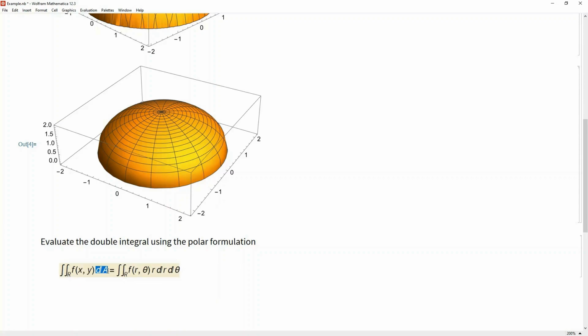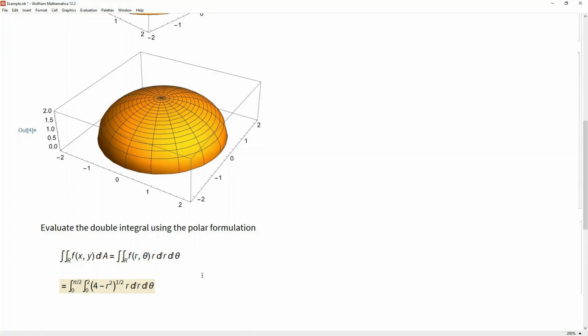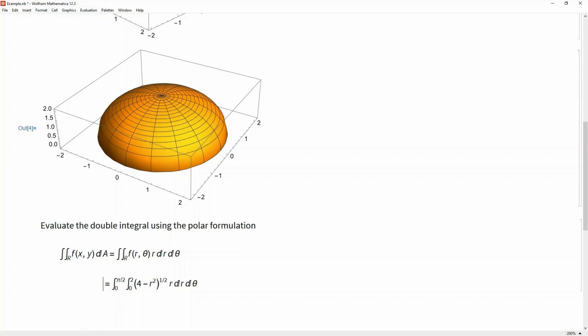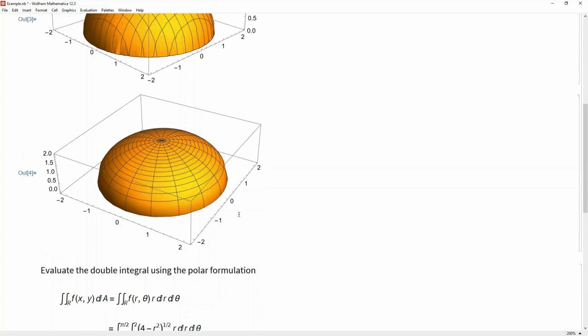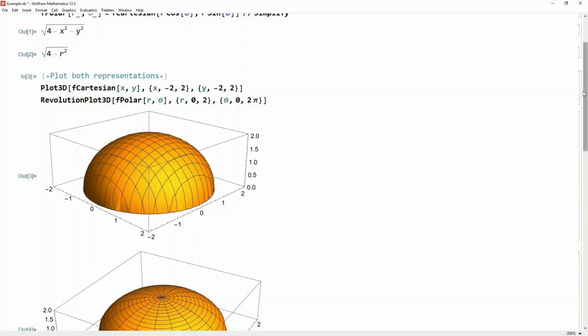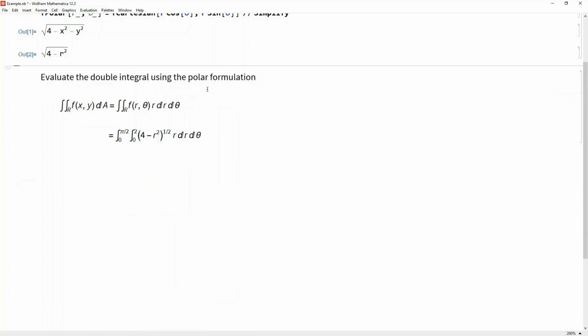When we convert the dA area, notice that this becomes r dr d theta, and then we can insert our function from above. Let me copy paste in the next line and delete these pictures so we can see everything in one spot.